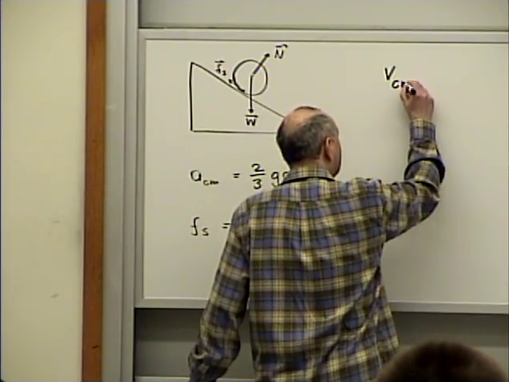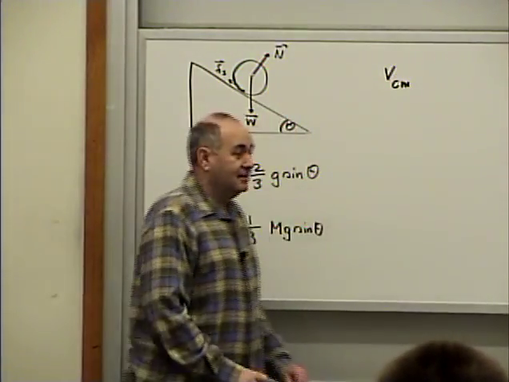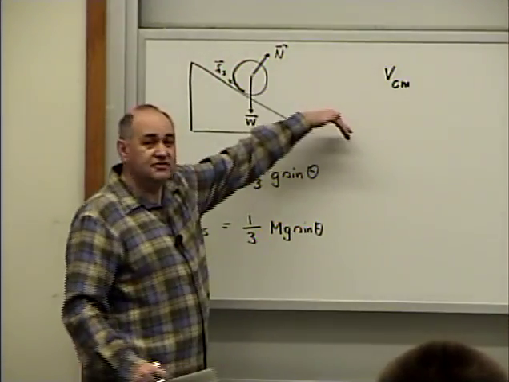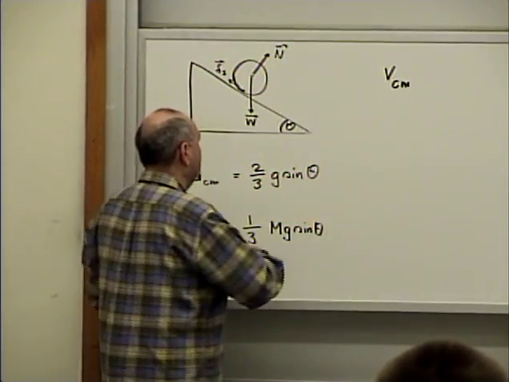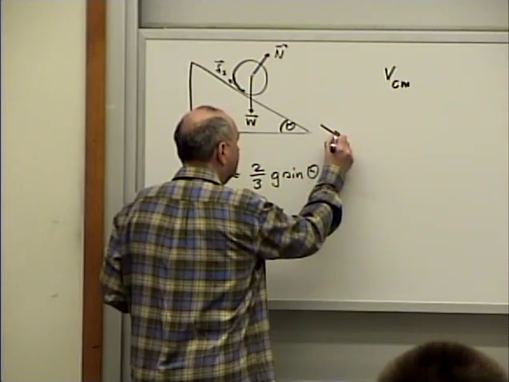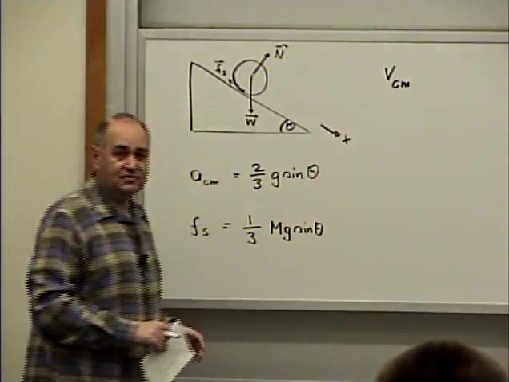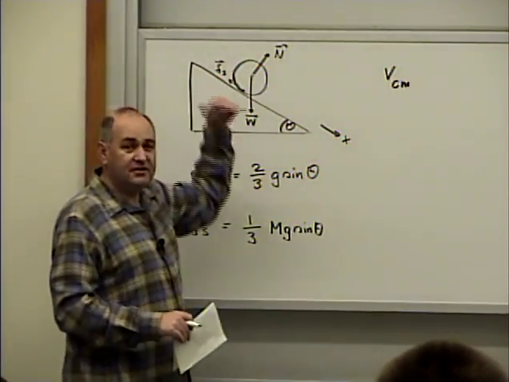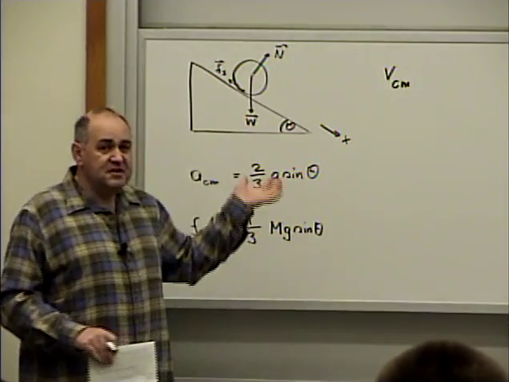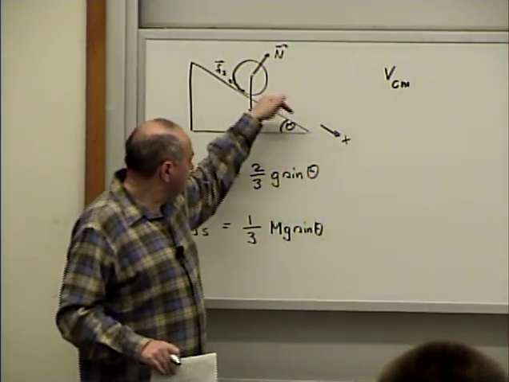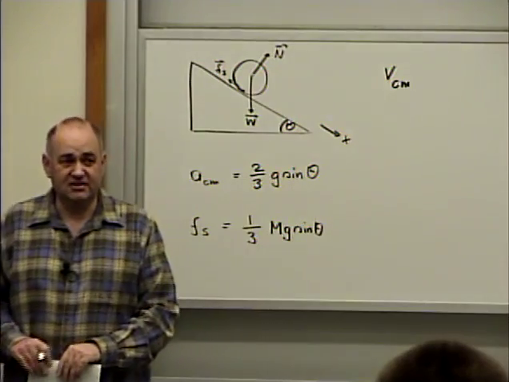So let's say the speed of the center of mass. Motion is just along this axis. I think I assigned axis x to this direction. Other two components are 0, so speed will be really equal to the x component of velocity.